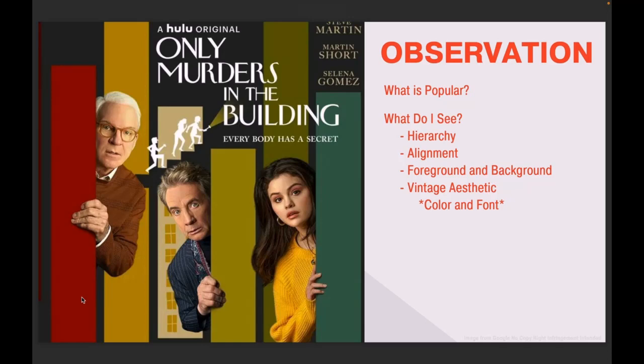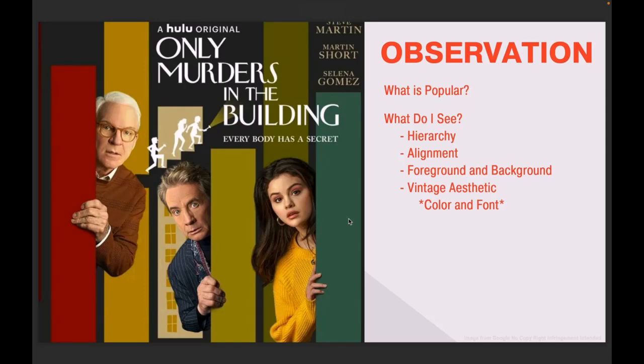What we are also seeing is the distinction between the background, the middle ground, and the foreground. The background is this darker color. The middle ground is the pictures of the characters, and the foreground is the rectangles that they're holding on to.